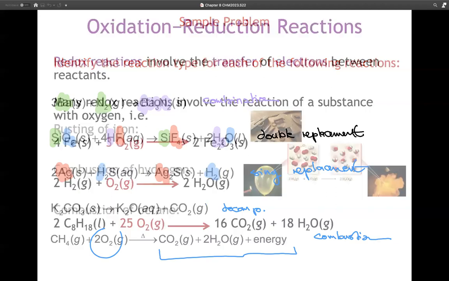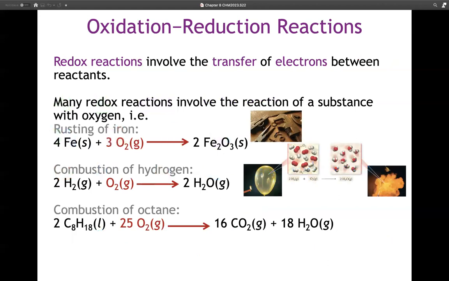All right. So now we're going to take a look at a different type, and it's known as redox reaction or oxidation-reduction reactions. There are many different types of reactions that are also classified as redox reactions, but they typically involve the transfer of electrons, all right?